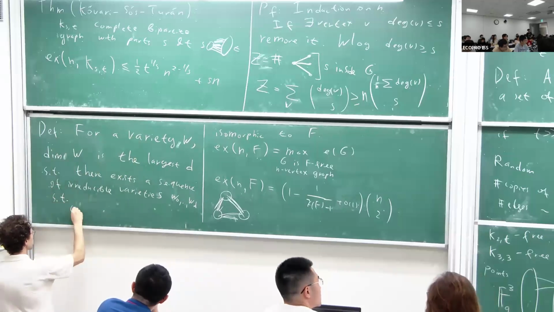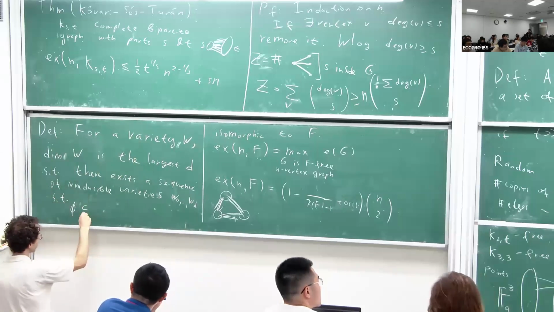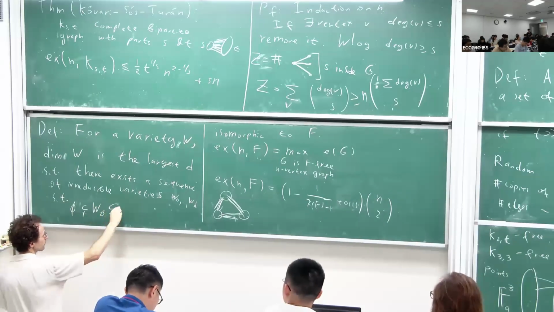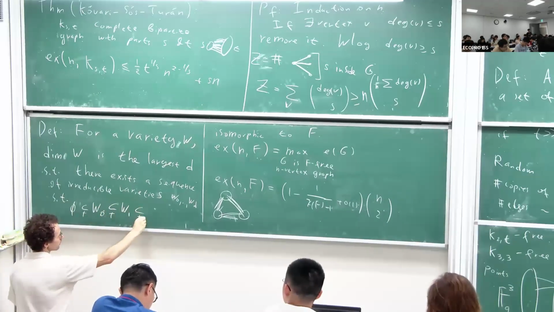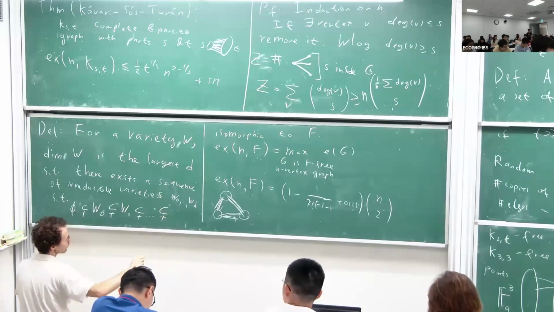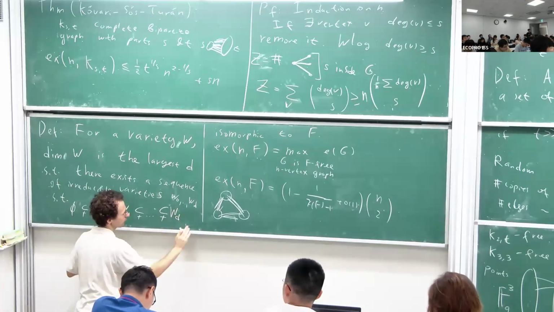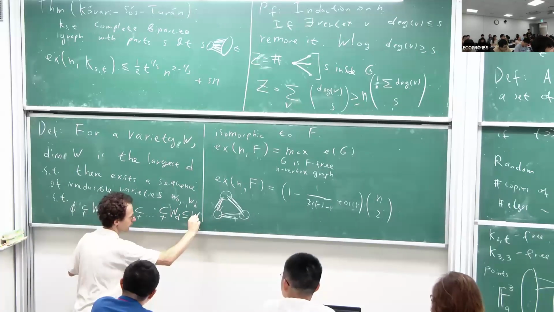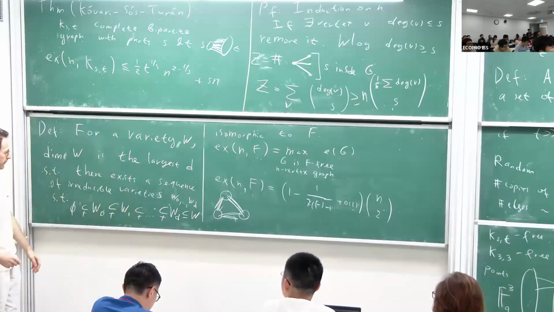Starting with an empty set, there is W0, W1, up to WD. So this is the definition.